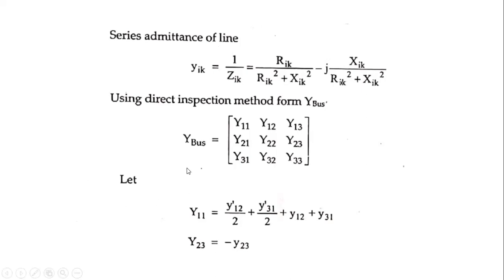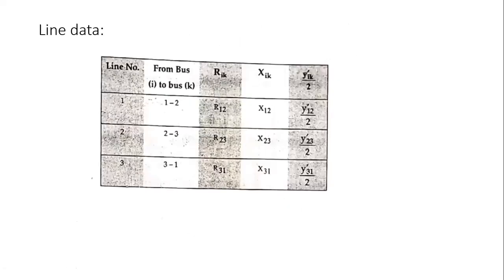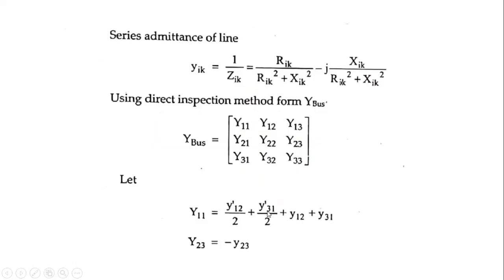Let's find out Y11. In Y11 we have Y'12 by 2 plus Y'31 by 2 plus y12 plus y31. These are the elements connected to bus 1, that is, 1 to 2 and 3 to 1.